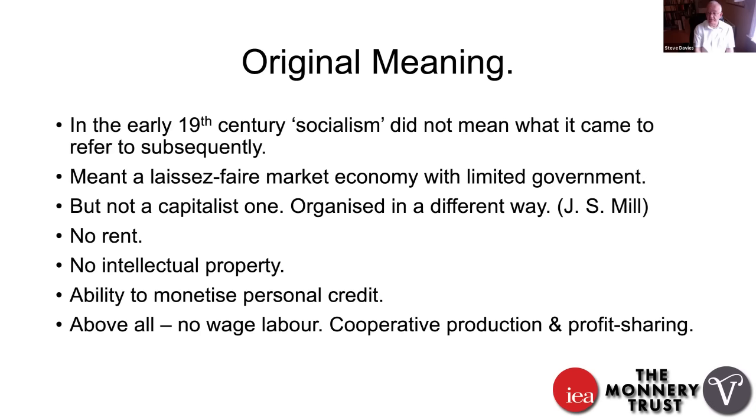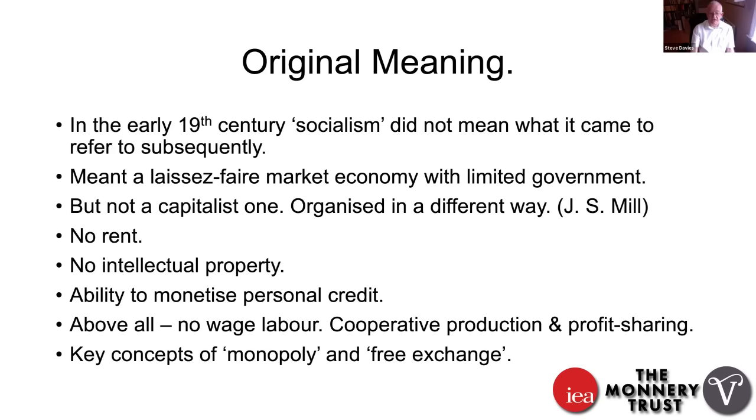And instead of people being paid wages, they would get a guaranteed share of any profit brought about by that productive activity. So profit sharing rather than wage labor. And John Stuart Mill captured this idea when he said that he looked forward to a world in which labor would hire capital rather than capital hiring labor.